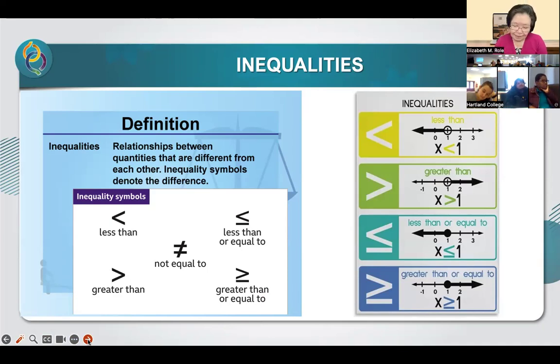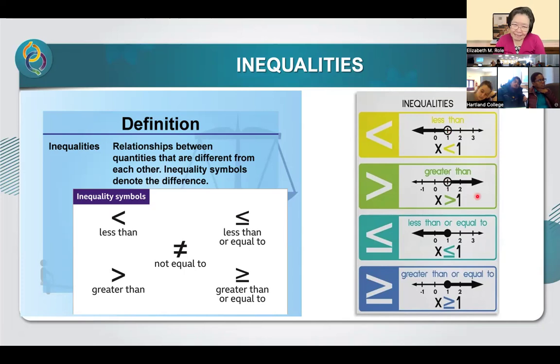So in the past, when you say x is less than 1, it's from this point to the left up to negative infinity. But then you need to put a circle to say that 1 is not included. Just the same, if you say x is greater than 1, it is from that 1 to positive infinity, but you'll have to put that circle to show that 1 is not included.